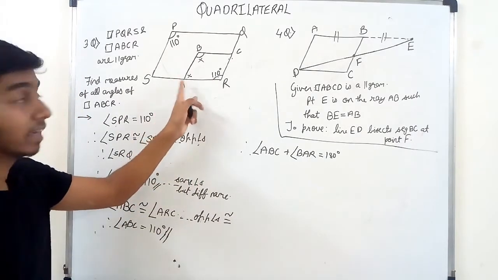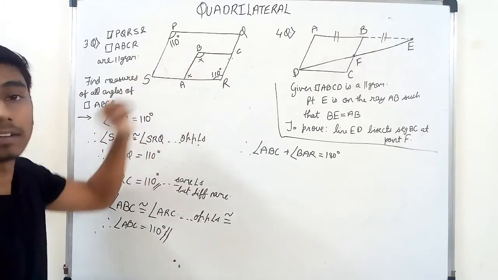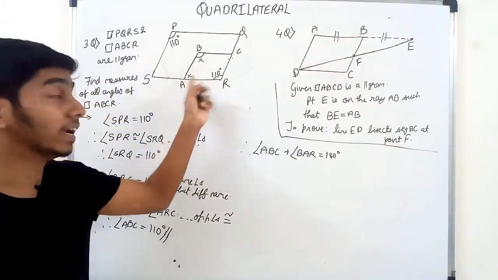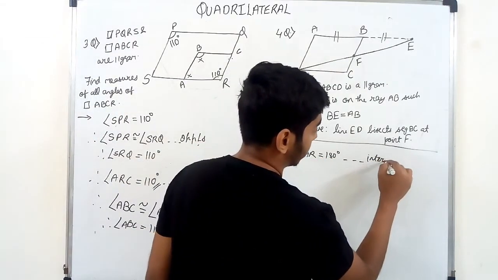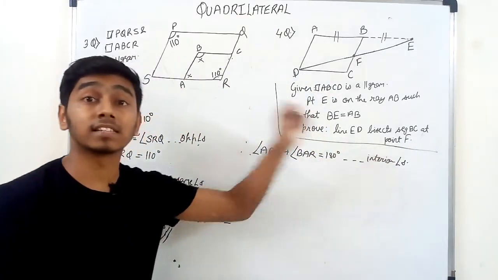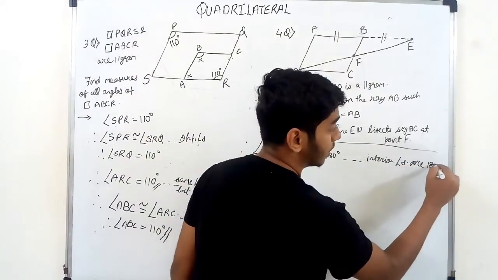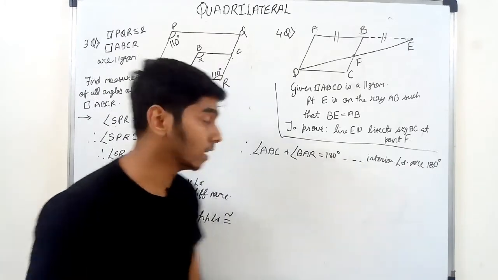Okay, so ABC, which is this angle, and BAR, which is this angle. So their sum is 180. Why? Because interior angles are supplementary. You can write that are supplementary. So supplementary means 180. So I'm writing it like that, are 180.